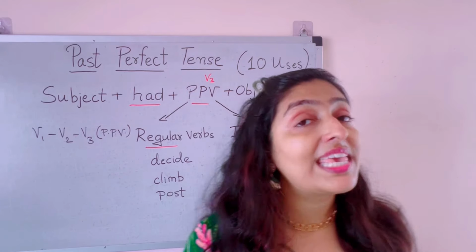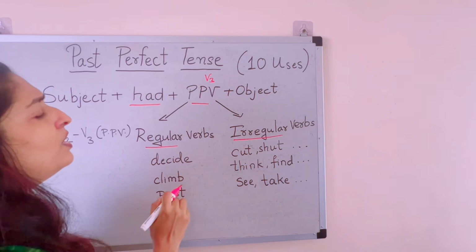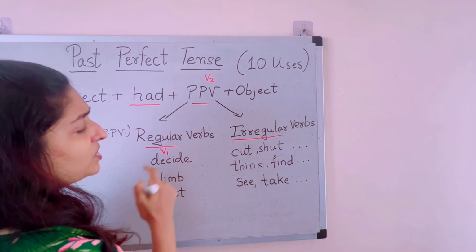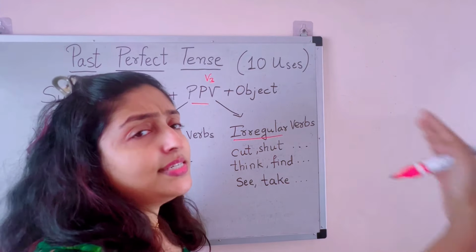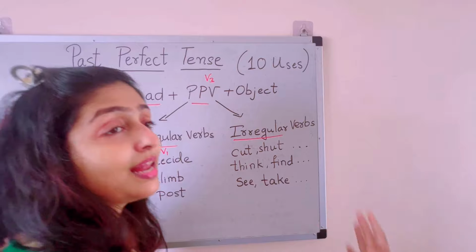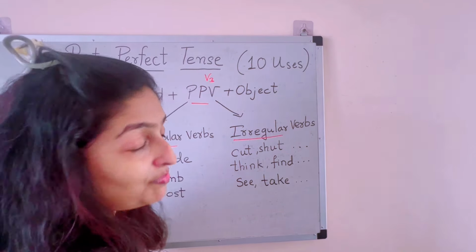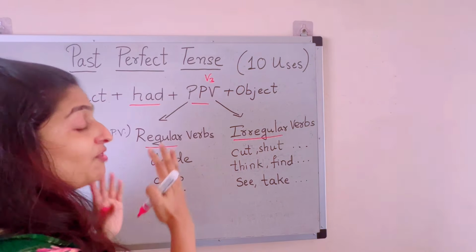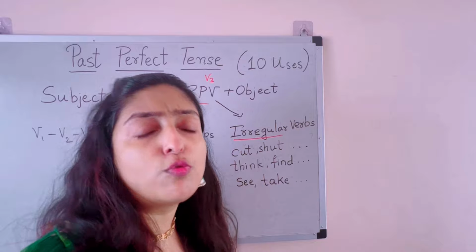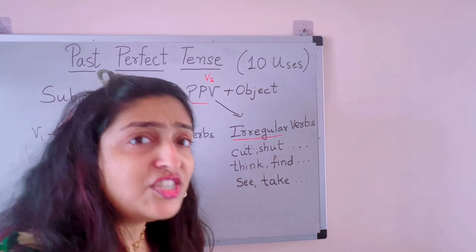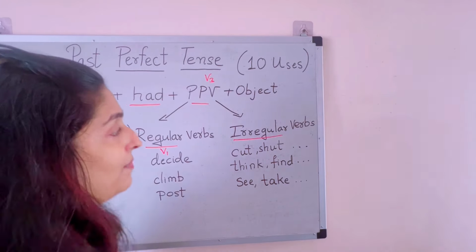But that's not the case with irregular verbs. For example, in regular verbs, V1 is decide, but V2 and V3 remain the same: decide, decided, decided. Climb, climbed, climbed. Post, posted, posted. Regular verbs follow the normal rules of grammar, that is, just add ed to V2 and V3.